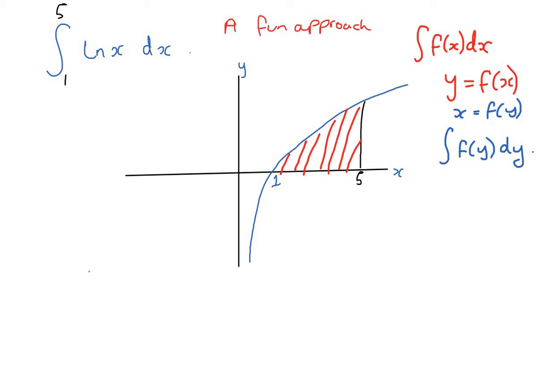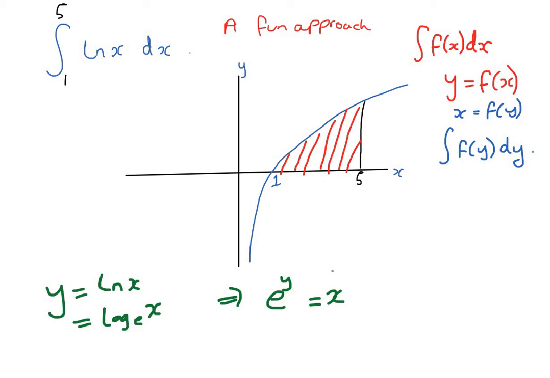Let's suppose that we have our function y equals log x, and remember what log x actually means. It's log base e of x. So how can we get this in terms of y? Well, this is easy. It's just exponentiation. If log base e of x is y, then this means e to the y equals x.